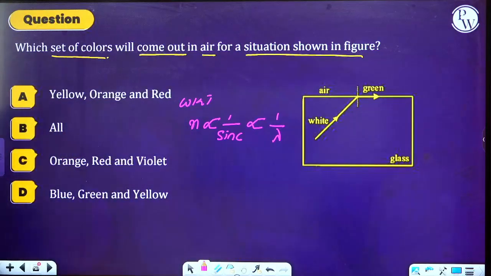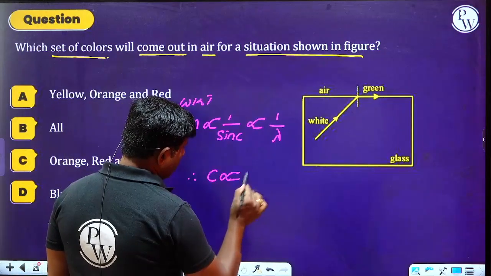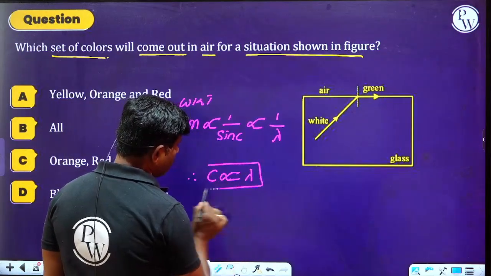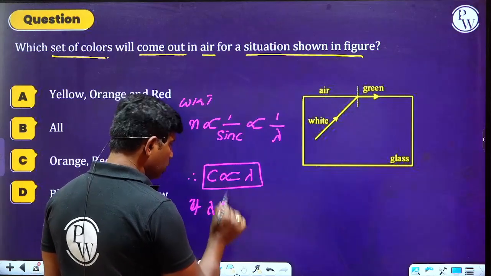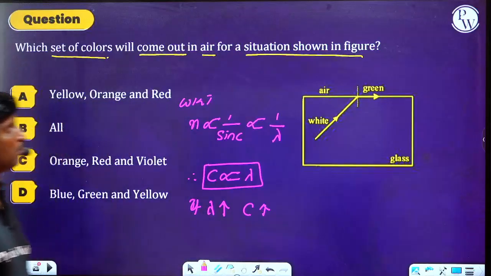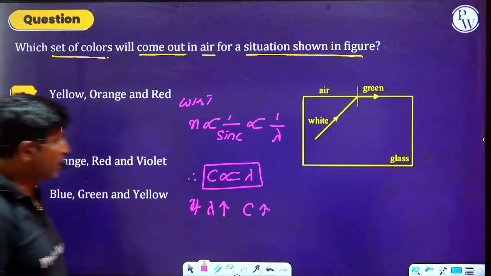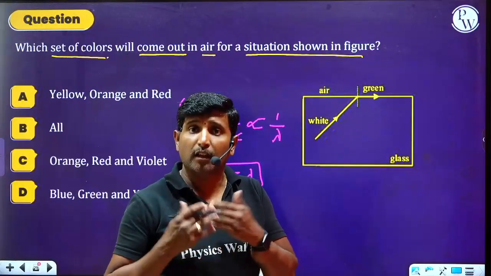Therefore, critical angle is directly proportional to wavelength. If the wavelength is more, the critical angle will also be more.